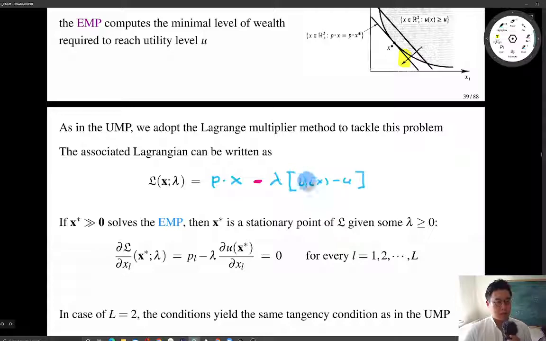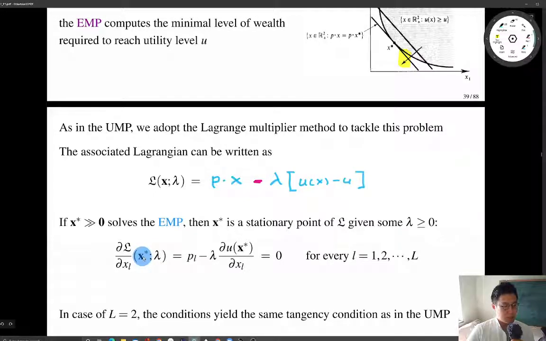So lambda times this guy, so the second term of this Lagrangian, must be equal to 0. All right, and if we pay attention to the stationary point condition, then the partial derivative of this Lagrangian with respect to every commodity is going to be 0 at this stationary point.